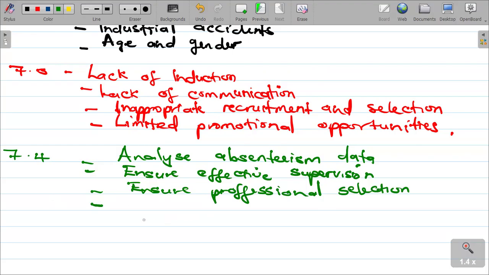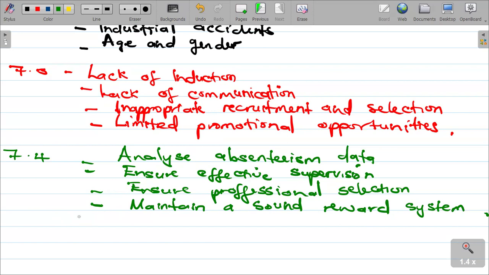They should also maintain a sound reward system.